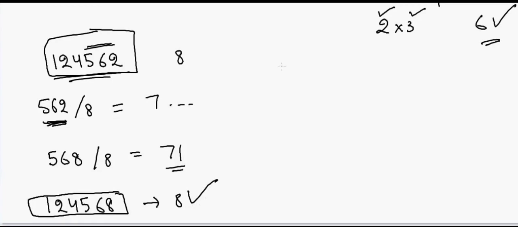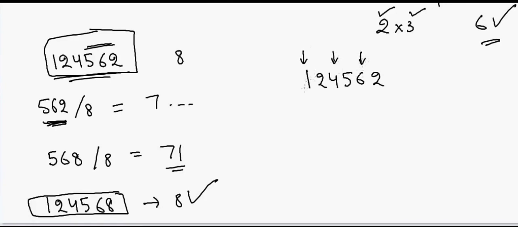Now let's talk about divisibility by 11. So if I have 1 2 4 5 6 2, and I want to find out whether this number is divisible by 11, I'll take the alternate numbers.